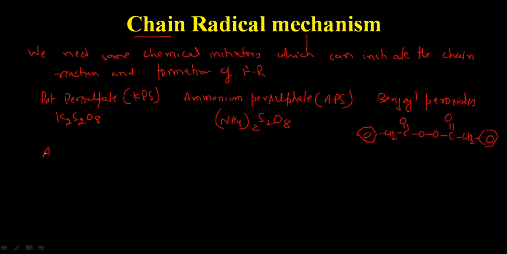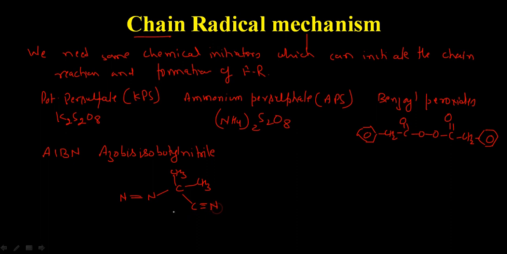And another is AIBN, which is basically, the full form of this one is azo-bis-isobutyronitrile. And the chemical formula is, we have methyl groups at this carbon atom and one nitrile group.